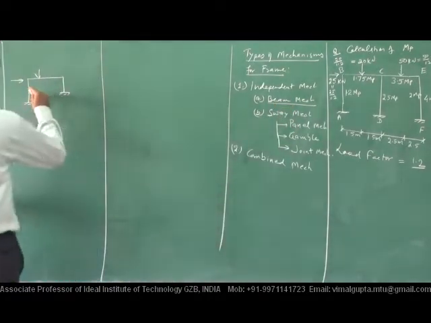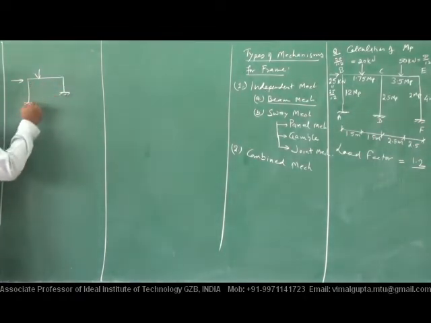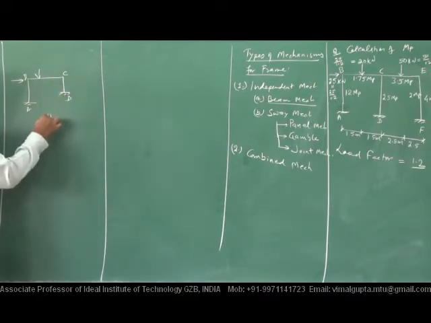Suppose this is our example, and this is A, B, C, D. For simplicity, it will not be exact.